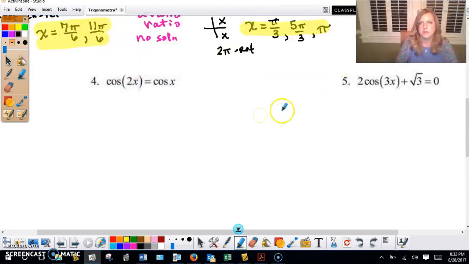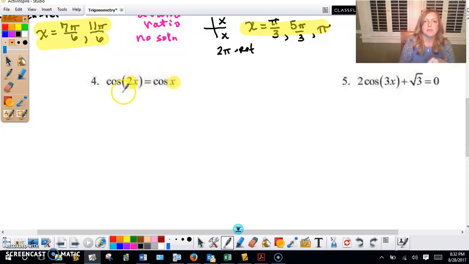Let's put it way up here. All right, so again, same problem I had before. Notice I have a double angle and a single angle. I have the same trig function, but I do have the double angle. With this double angle, you need to remember there are 3 versions of the double angle for cosine. If this had been a sine, I would use the one with sine.